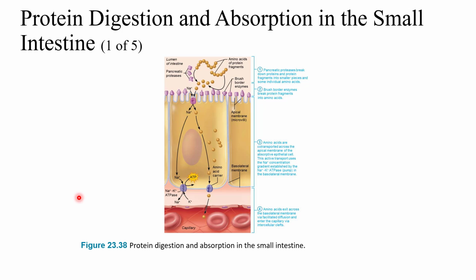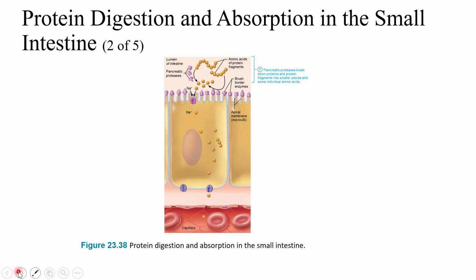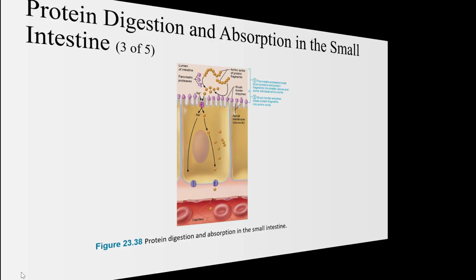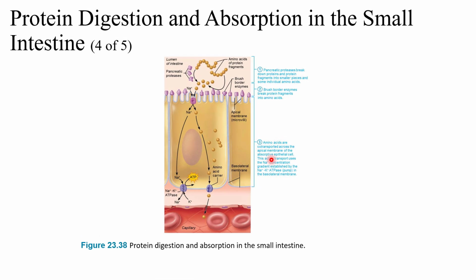Okay, here it is, guys. That's your protein. Pancreatic proteases will break this big protein into polypeptides. Once they are broken, the brush border enzymes will break protein fragments into smaller amino acids. Then the amino acids are co-transported across the apical membrane of the epithelial cells.